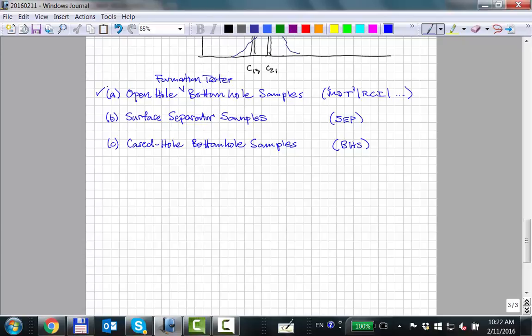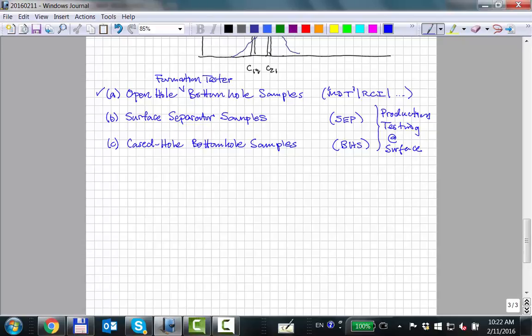So we've kind of gone through that, and now the next most common type of sampler or sample taken is what I call a surface separator sample, and then the last sample type I'll mention is a cased hole bottom hole sample. And in both cases here, they're cased hole, but basically we're now doing production testing at the surface.